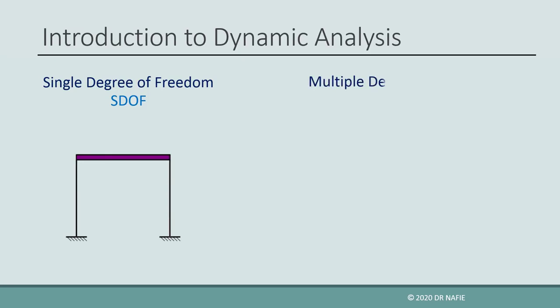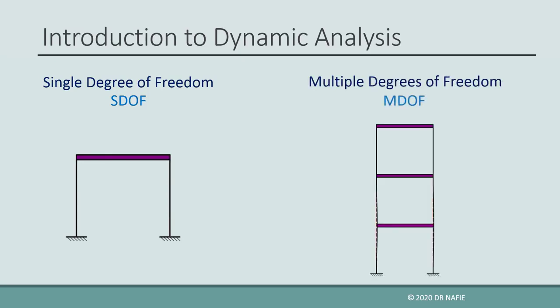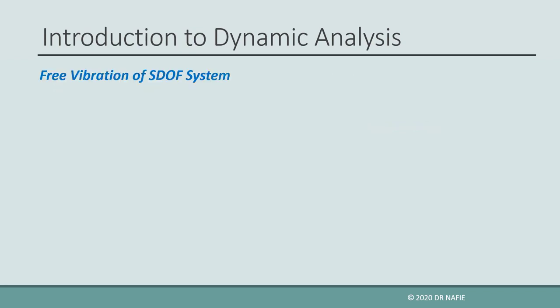The multi-degree of freedom system has more than one independent movement, such as the three-story shear frame shown, which has three independent movements or 3 degrees of freedom, a degree of freedom at each story. The dynamic analysis of multiple degree of freedom structures is more complicated. Let us first study the free vibration of a single degree of freedom structure.